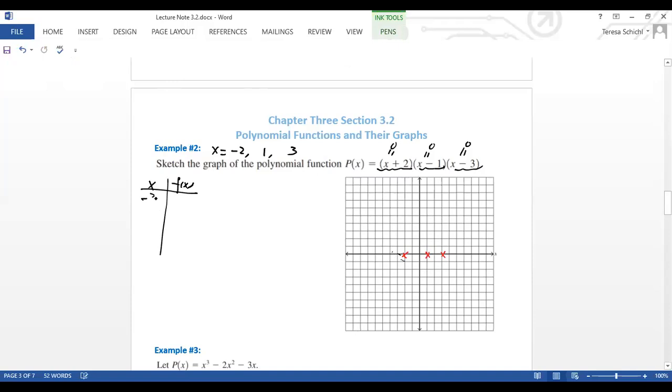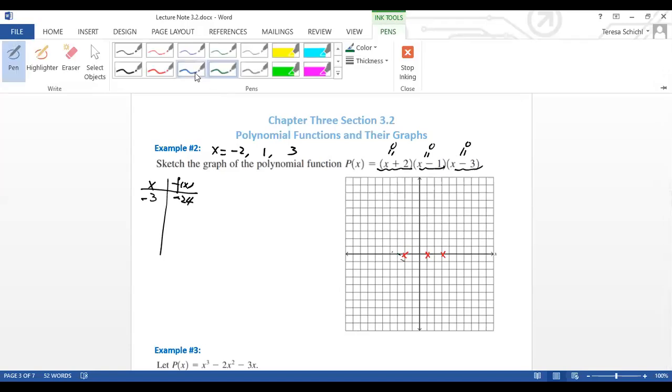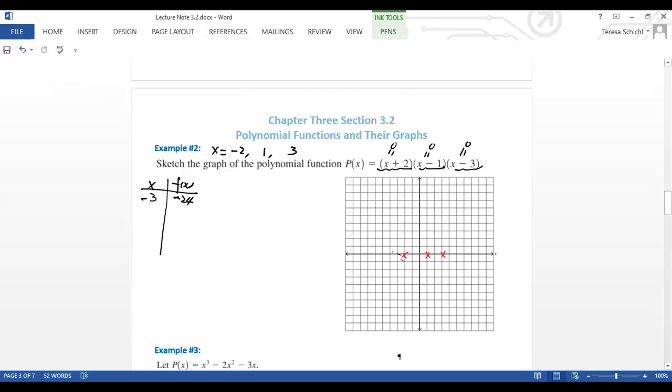Let x equal -3. When you plug that in, you will get -24. So I find this point: -3 and -24. It's way down here, right?